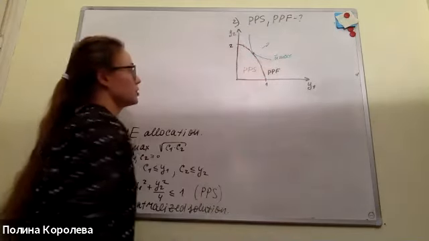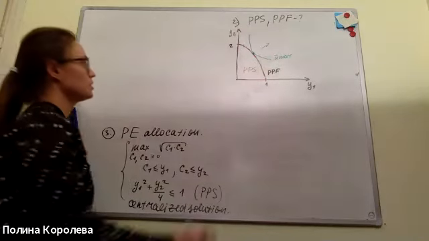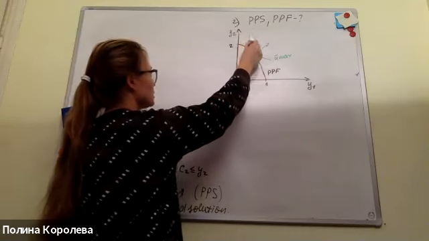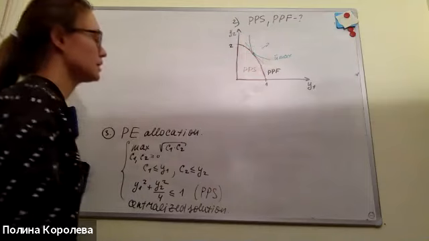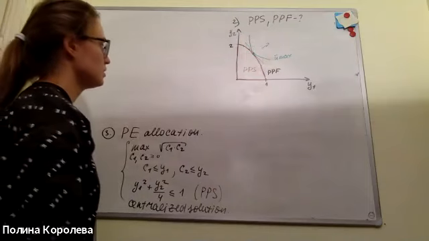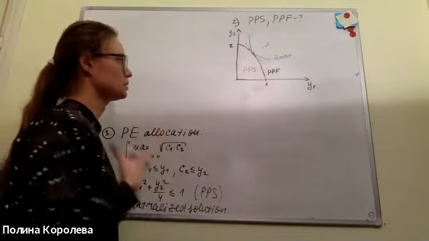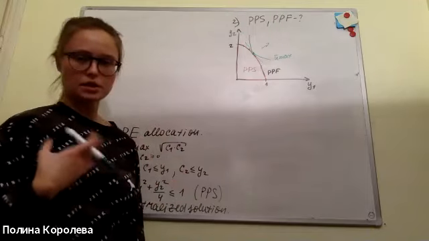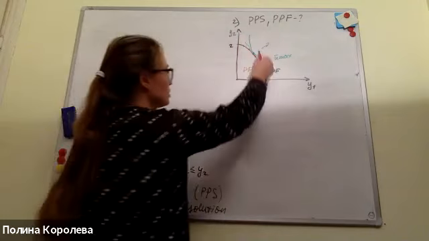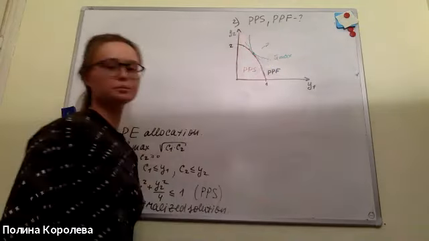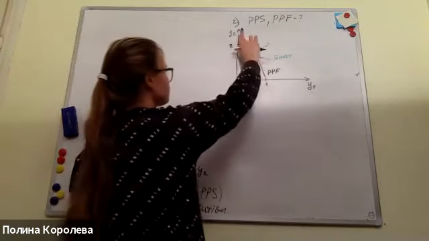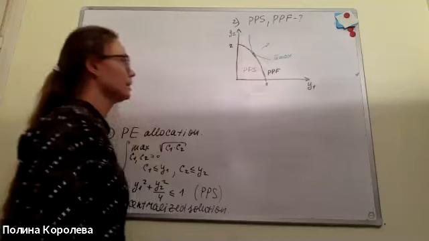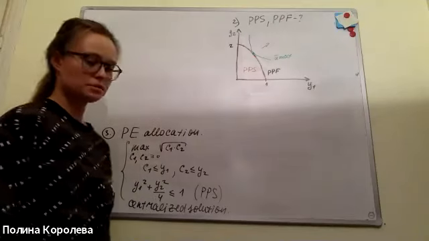In this situation, what is the optimal condition? The slopes of the tangent lines to the production possibility frontier and the indifference curve should be equal. See, this is the optimal condition. How do we name the slope of the production possibility frontier?